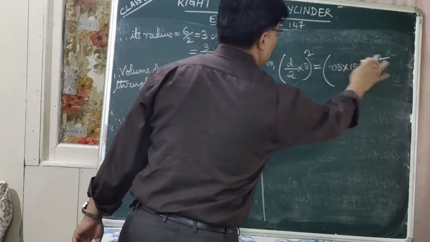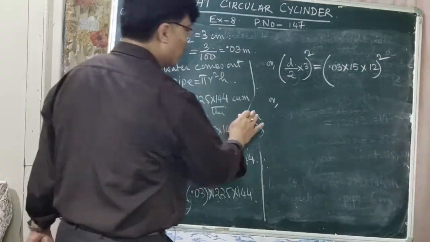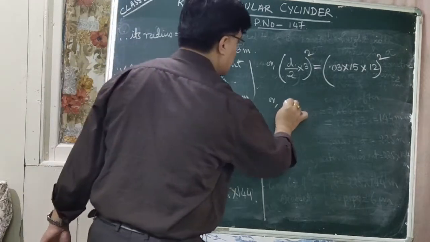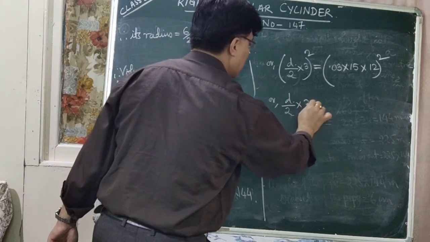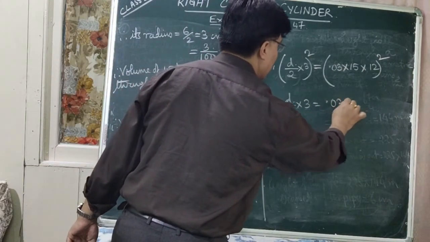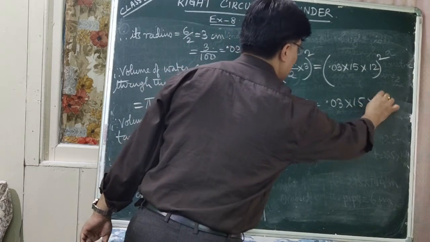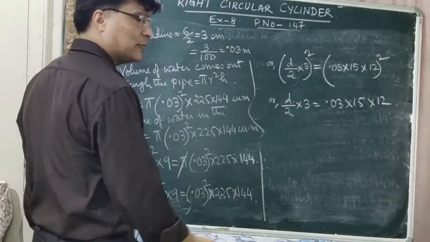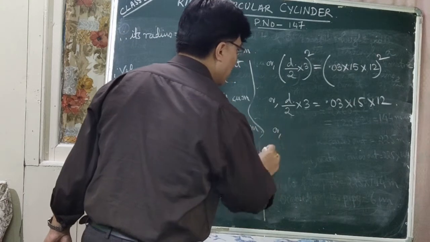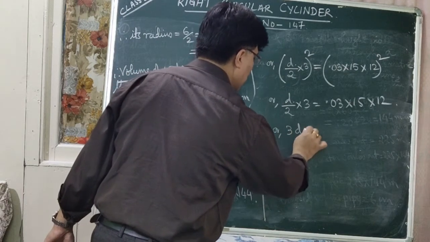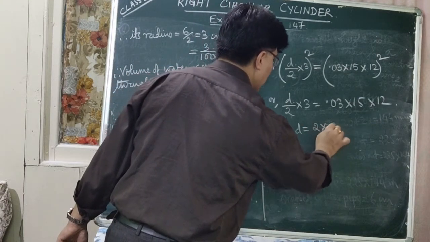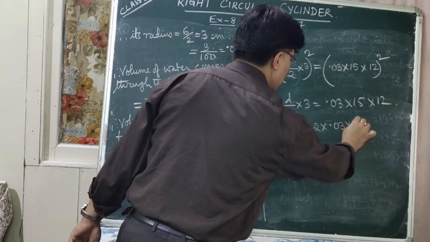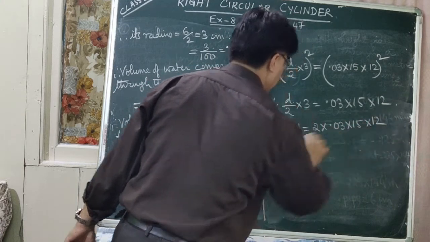Now if powers are equal, bases must be equal. You know that from laws of indices, isn't it? That is d by 2 into 3 is equal to 0.03 into 15 into 12. Right? Or now this is 3d is equal to 2 into 0.03 into 15 into 12.